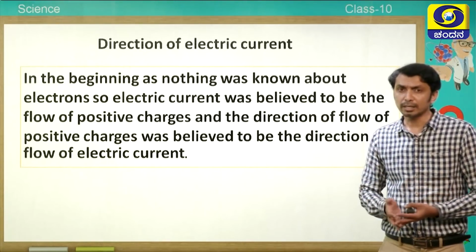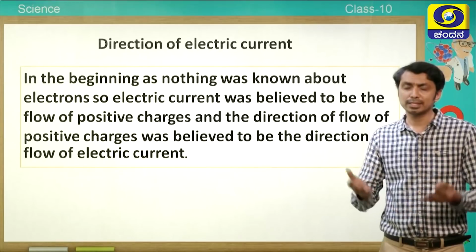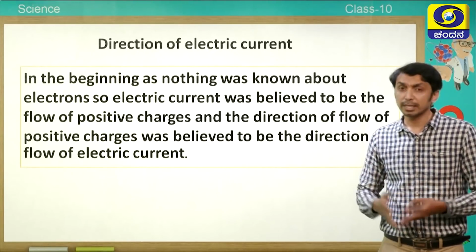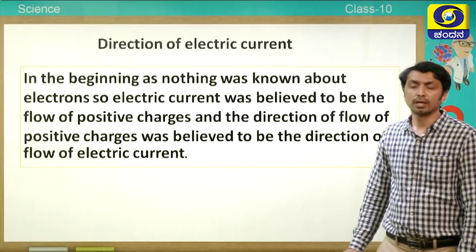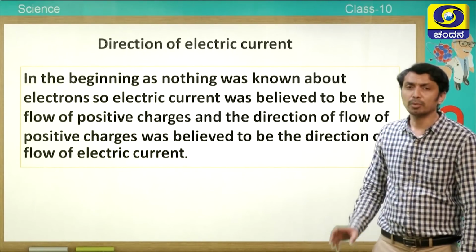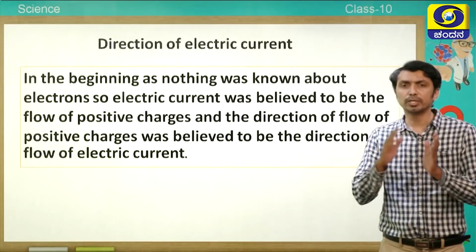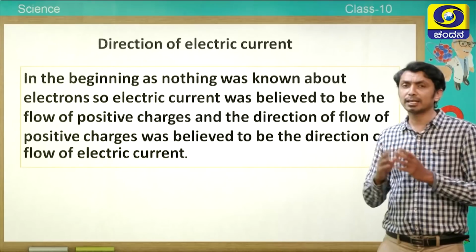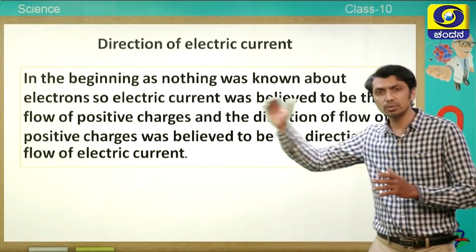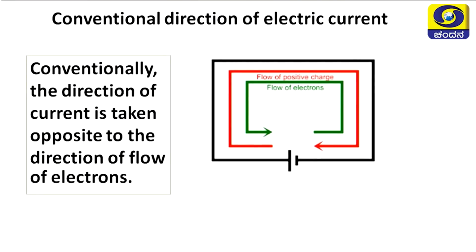Now, earlier in the beginning, when the studies were going on regarding charges, they did not know the existence of electrons. So they did not know about the proper movement of electric charges. Then they believed that the electric current is a flow of positive charges. That is what we call the conventional direction of electric current.